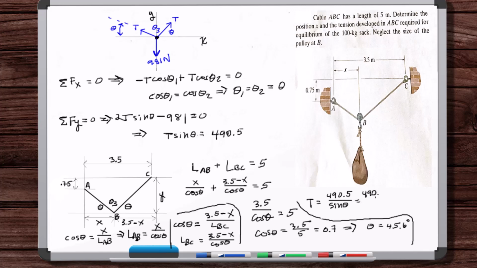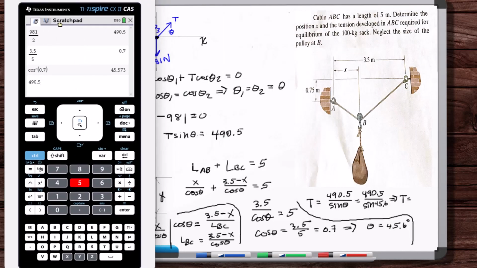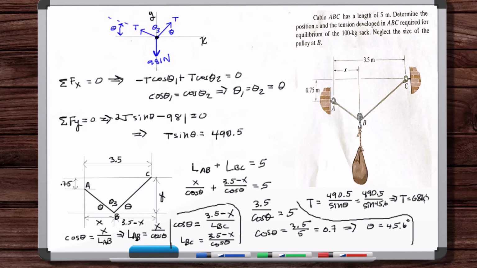So T is equal to 686.5 newtons. So we still need another equation.